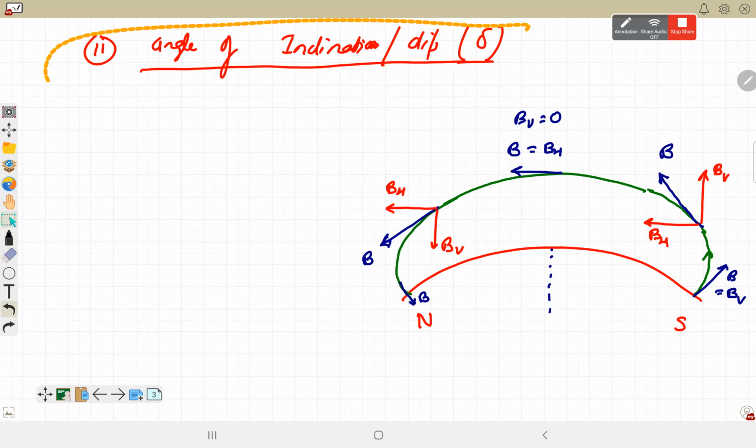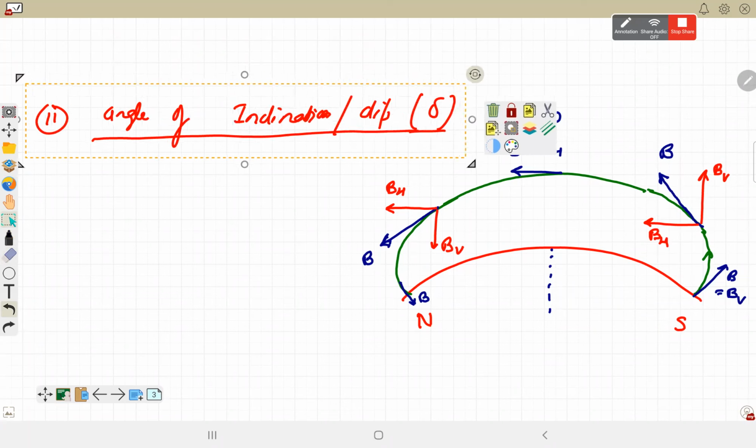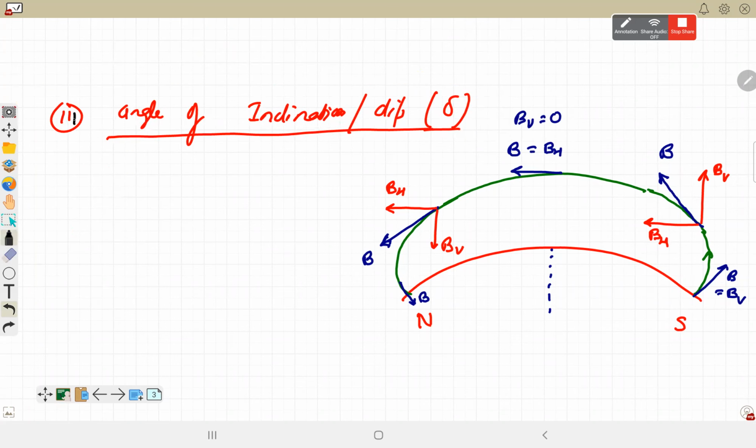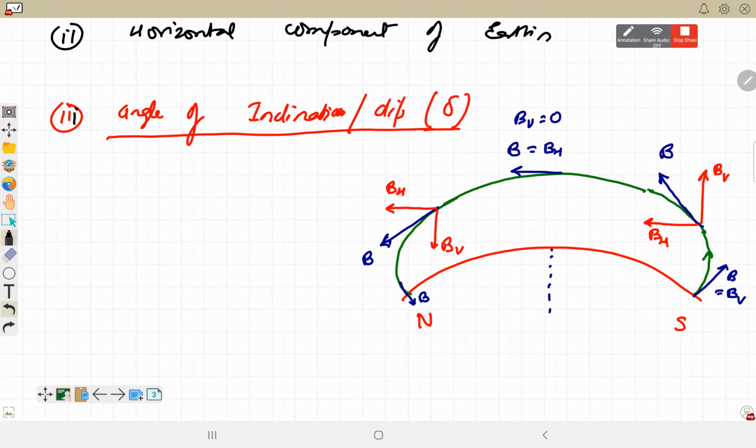So पहले हम ये वाला component लिख लेते हैं. There is another component called the horizontal component of Earth's magnetic field. This is the third one. Horizontal component of Earth's magnetic field. So quite obviously इसको define कैसे करेंगे? Earth की magnetic field का वो component जो Earth के parallel है, surface के parallel.